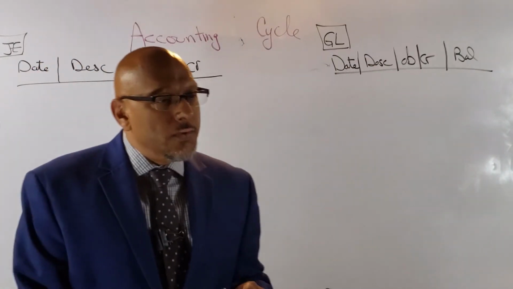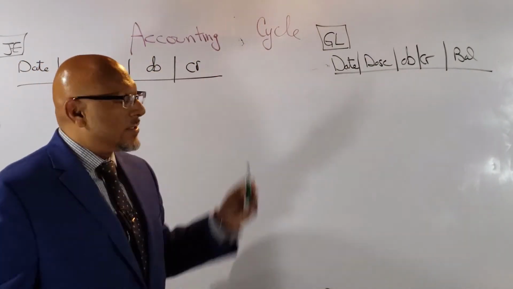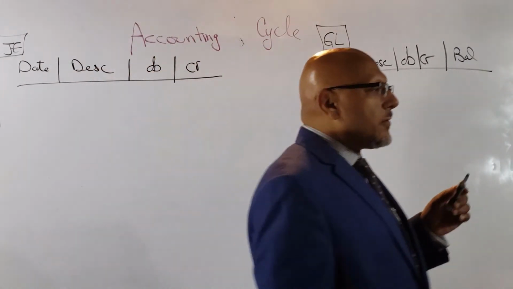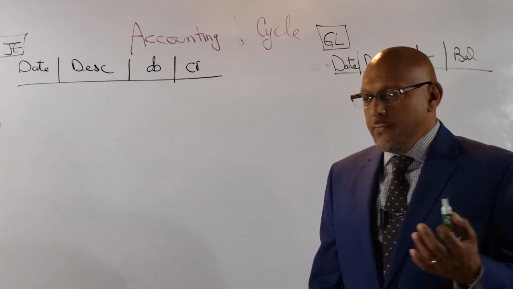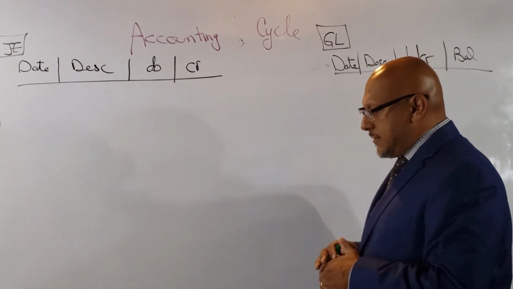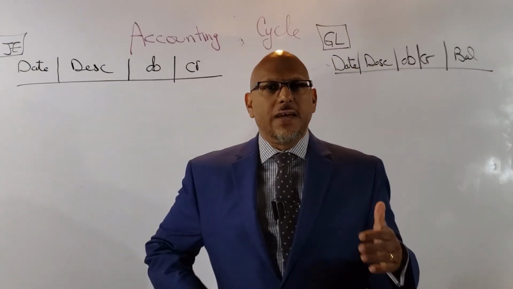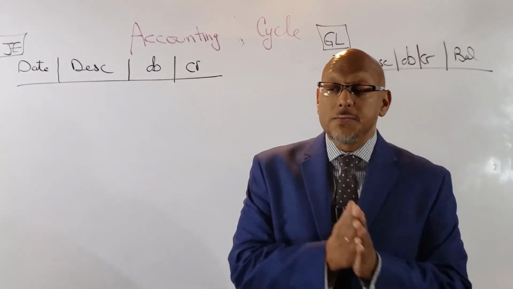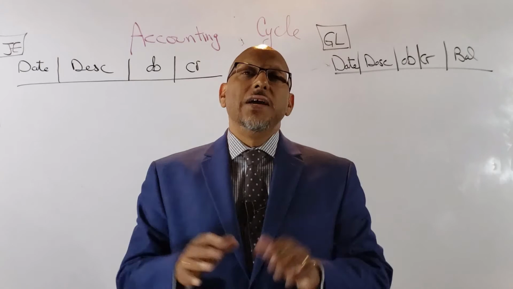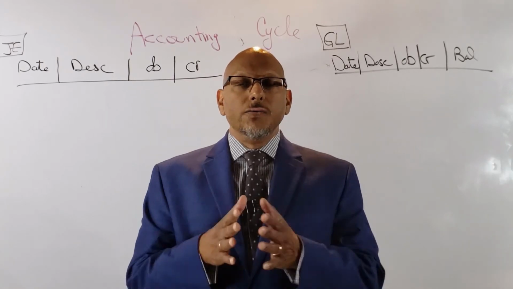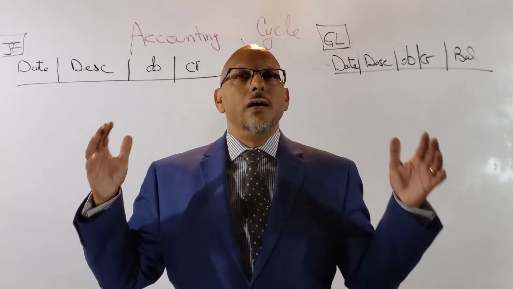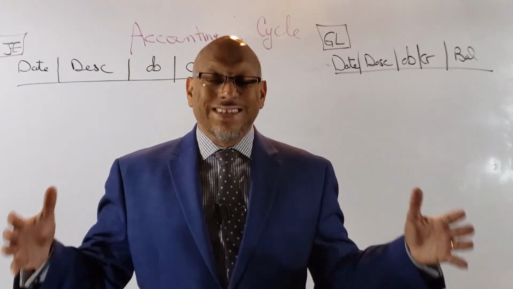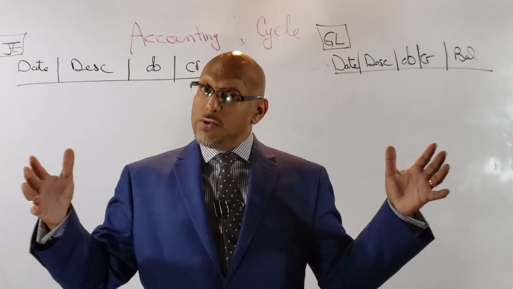The last thing we're going to talk about when we're doing the accounting cycle is the closing entries. Why? Well, there are two types of accounts. There are permanent accounts and there are temporary accounts. Temporary accounts only have a balance in a particular accounting period, usually a month.